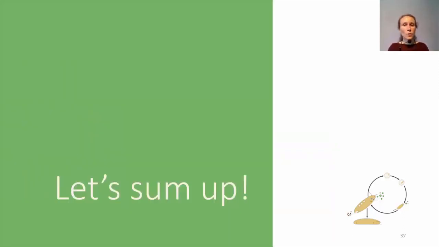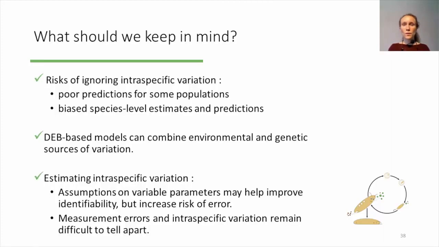Okay, so now we're done, and I would like us to sum up a bit what we've seen today. So what should we keep in mind? First, we discovered that there can be risks in ignoring intraspecific variation. It can lead to poor predictions in some populations or communities, and it can also bias our species level estimates and predictions, so that does matter.